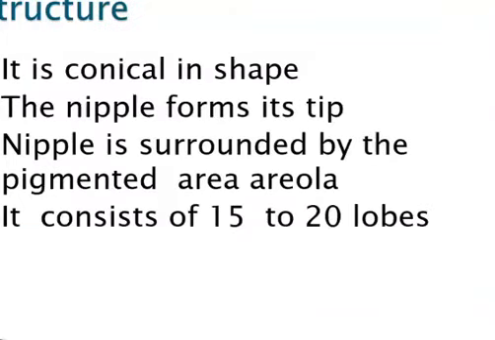Then we go to structure. Breast is conical in shape, and the nipple forms its tip. The nipple is surrounded by a pigmented area known as areola, and the breast consists of 15 to 20 lobes.